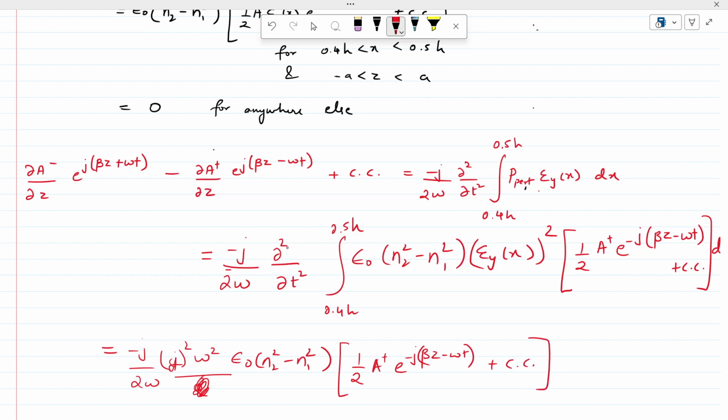So this is after the differentiation is already done. Now only the integral part is left, and the integral is over dx.